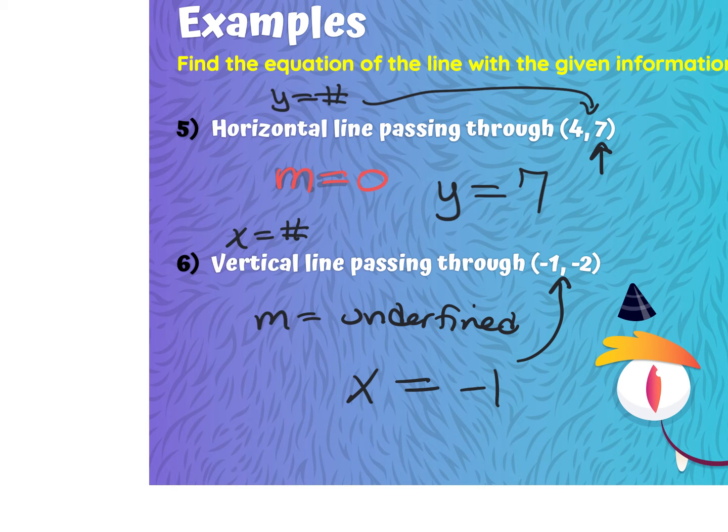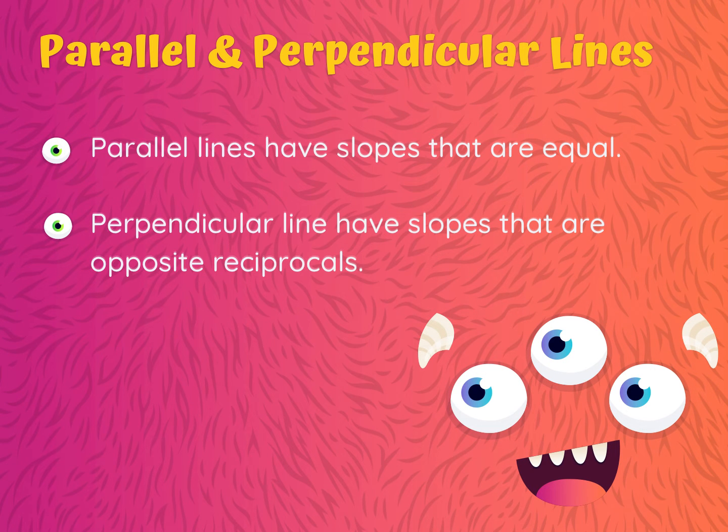Next, we're going to talk about parallel and perpendicular lines. So you should have already realized that parallel lines have the same slope, or slopes that are equal. Perpendicular lines have slopes that are opposite reciprocals. And what I mean by that is they're going to be opposite signs and then reciprocals. So for example, if I gave you a slope of 2/3, its opposite reciprocal would be negative, and flip it upside down, 3/2.